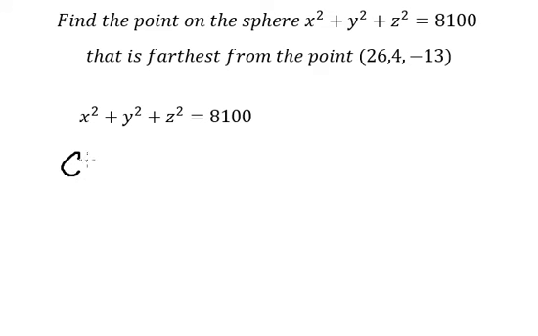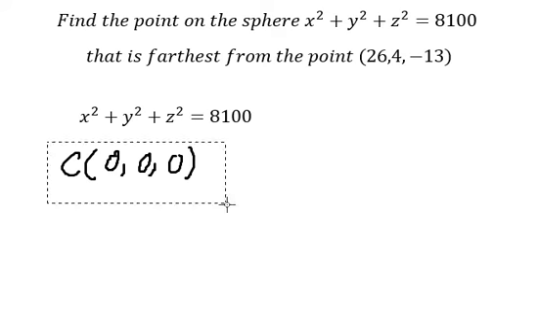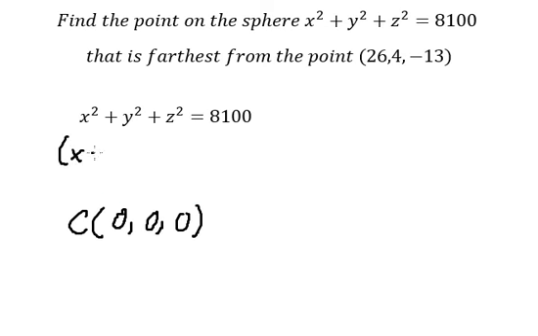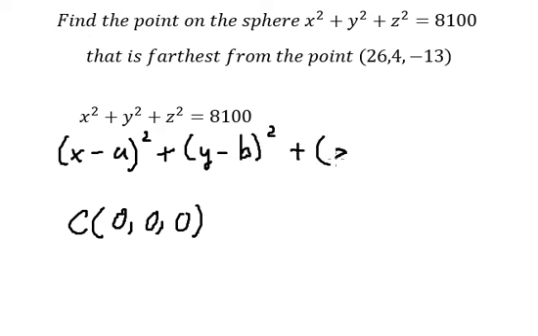I will put the center C at 0, 0, 0 in here, because the formula of the sphere should be (x minus a) to the power of 2 plus (y minus b) to the power of 2 plus (z minus c) to the power of 2 equal to r squared, and the center should be a, b, c.